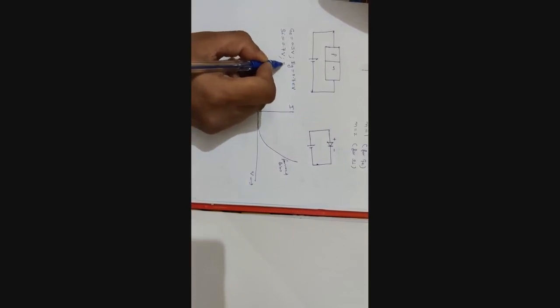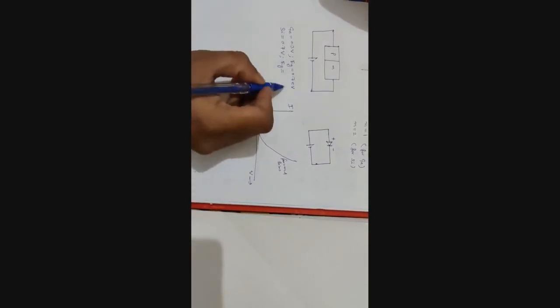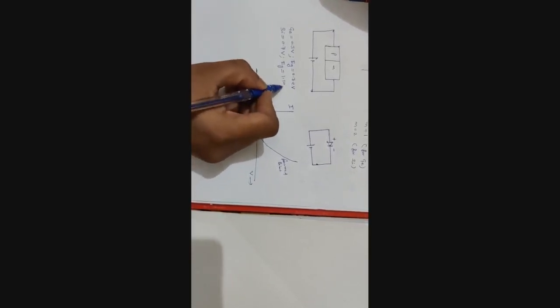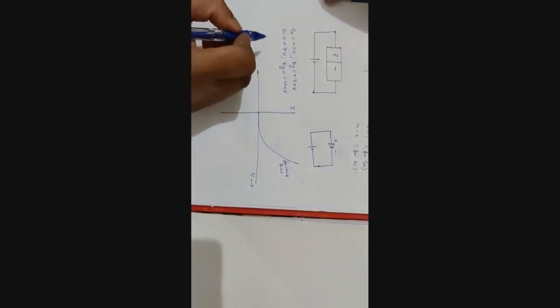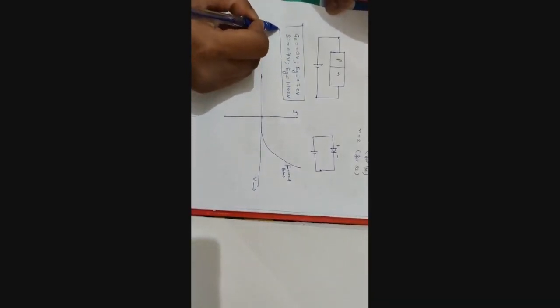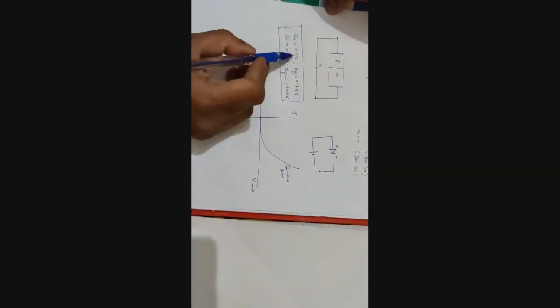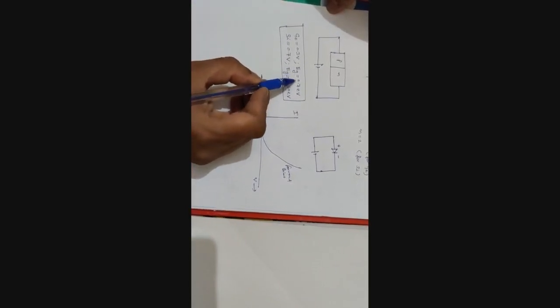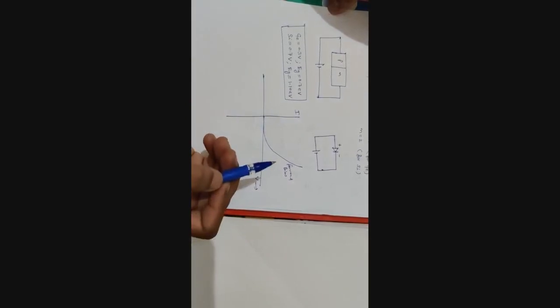And for silicon the band gap is about 1.10 electron volt. Okay, so these are very important: the operating voltage for germanium and silicon, and the energy gap for germanium and silicon, right?